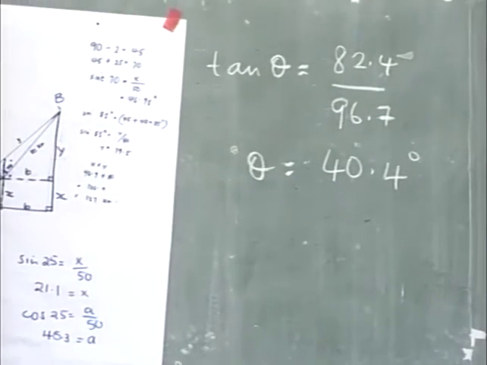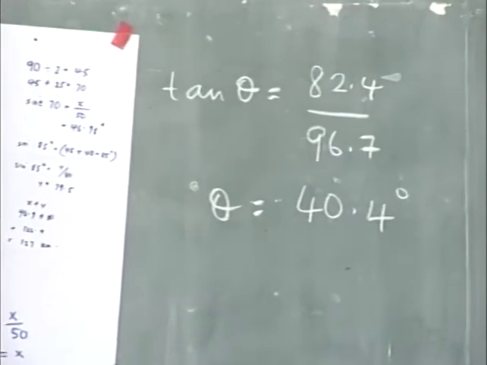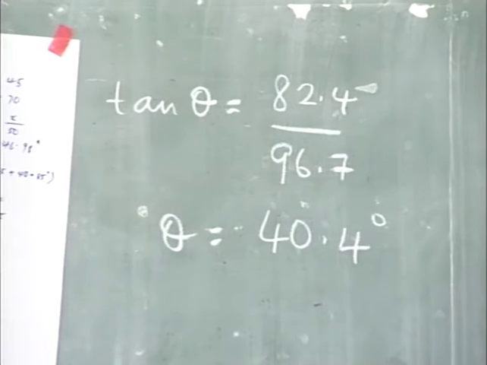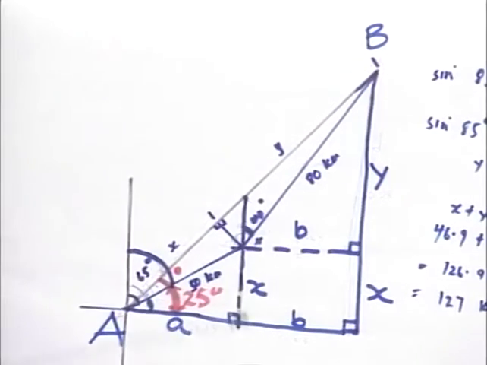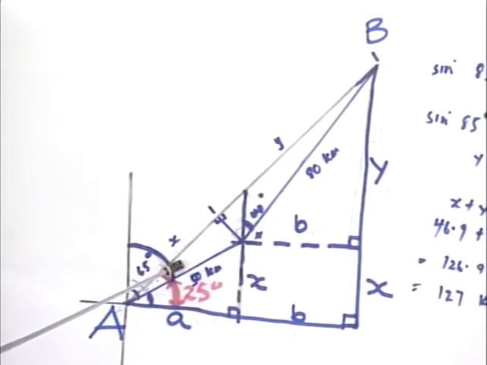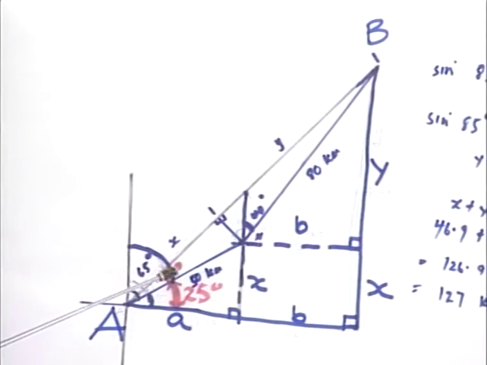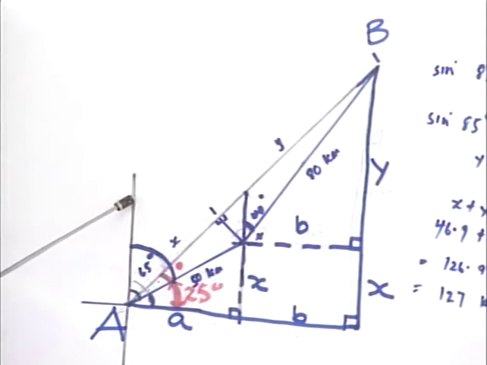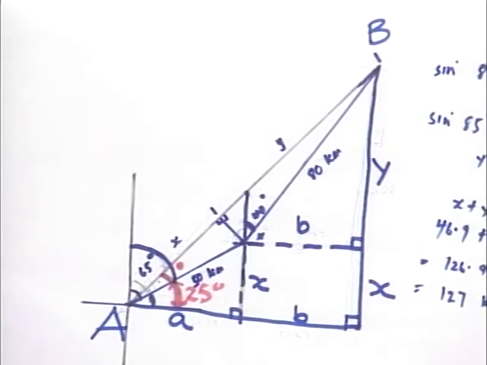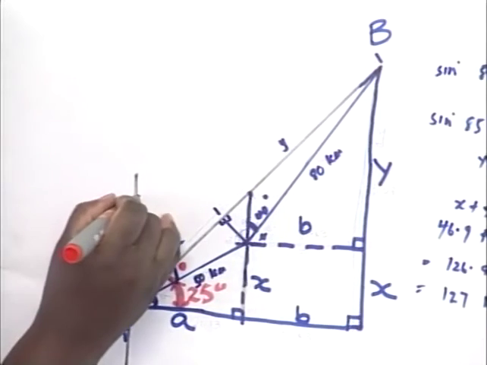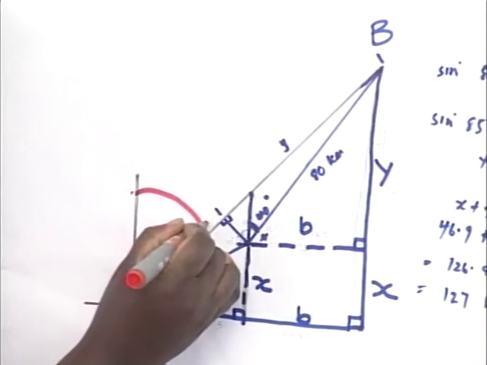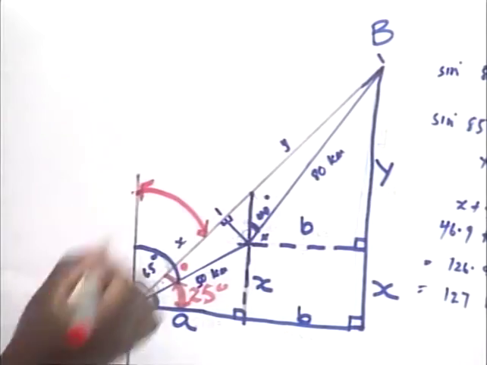I have to take away 25, which is this angle, from 40.4. That will give me the angle I've indicated in red. And then I have to take that one away from 65 to give me this angle, which is what we want. Okay, this is the bearing that we want.